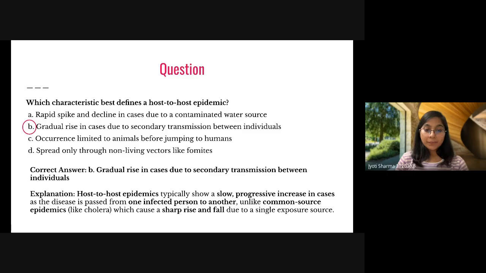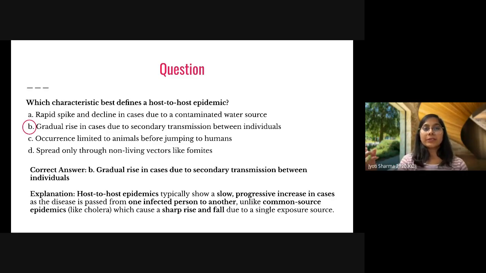epidemics typically show a slow progressive increase in cases as the disease is passed from one infected person to another, unlike common source epidemics like cholera, which cause a sharp rise and fall due to a single exposure source. So for example, there is a water source, for example a well, and in that well you have contaminated water, and thousands of people are extracting that water for use.